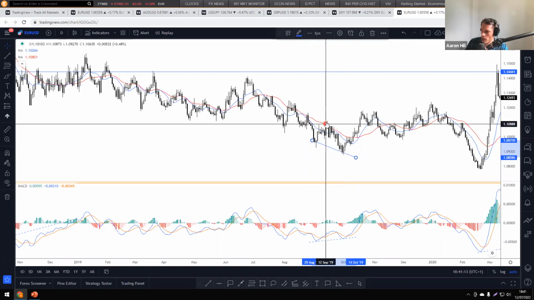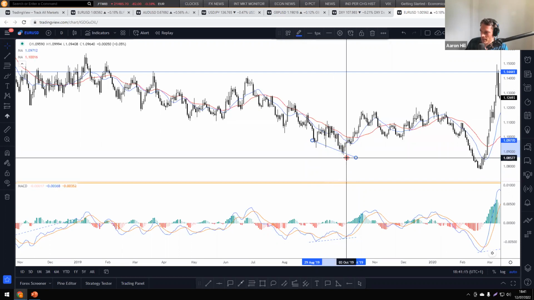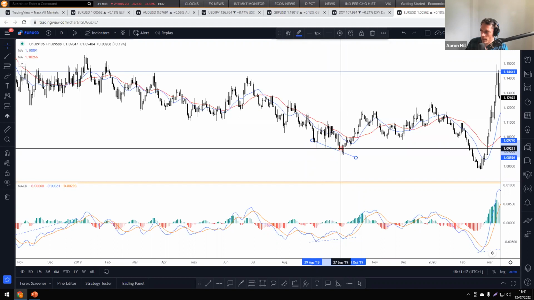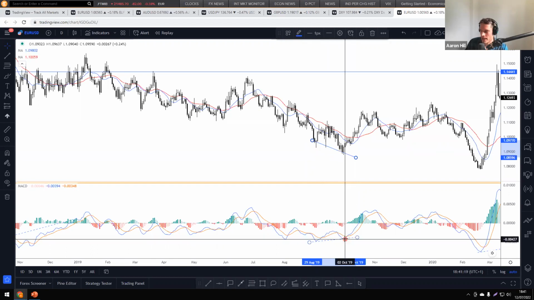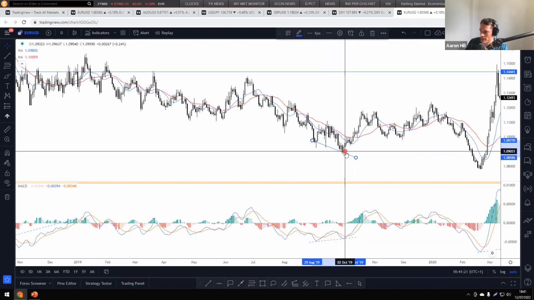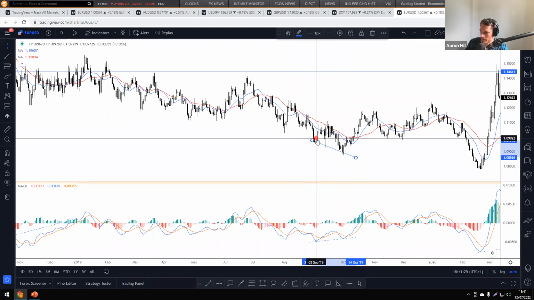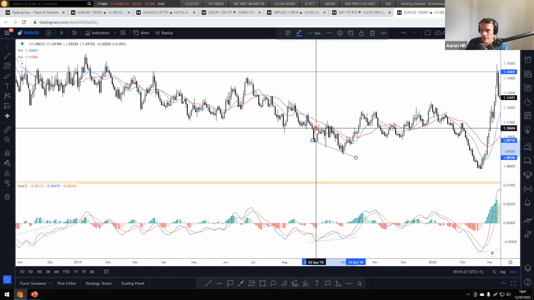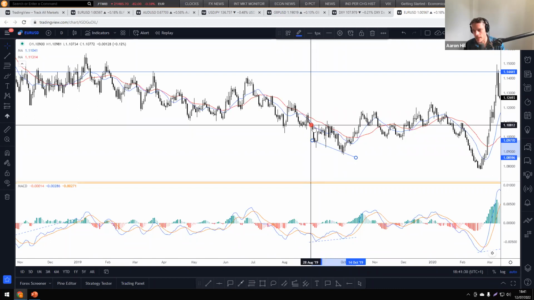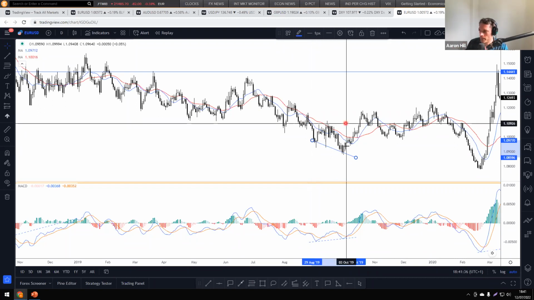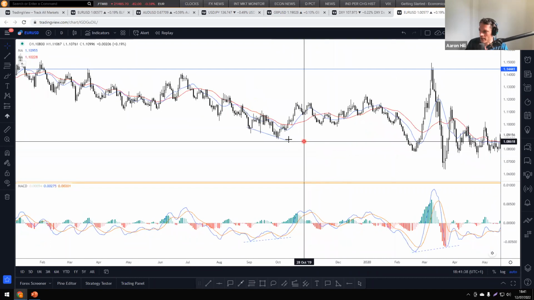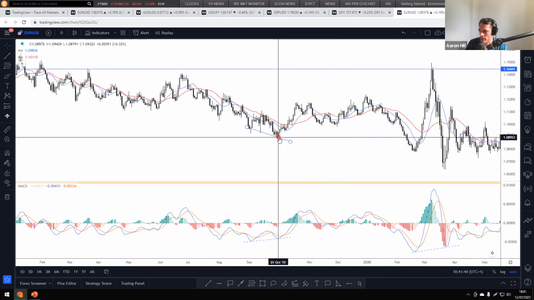So although we have downside momentum here that's made a lower low, this is not confirmed on the indicator, which means the momentum at this point here is slower than what it was here. So downside momentum is beginning to diminish in speed. The speed of price change is beginning to slow. And as you can see, we did turn higher to the upside from this point here.